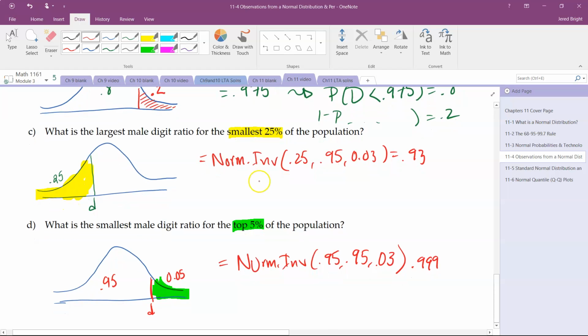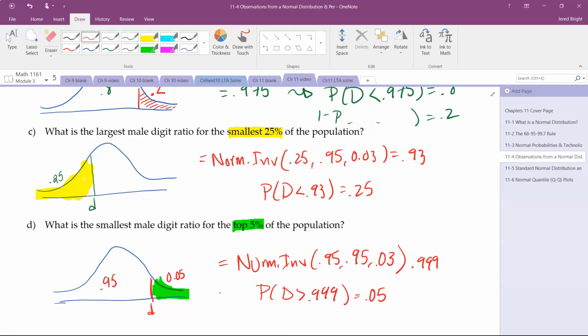So there we go. And then again, probability statements: this would be the probability that D is less than 0.93 is 0.25, and similarly for this one it would be the probability of D being bigger than 0.999 is 0.05. Just kind of reframing that. You could write this a few different ways as well.